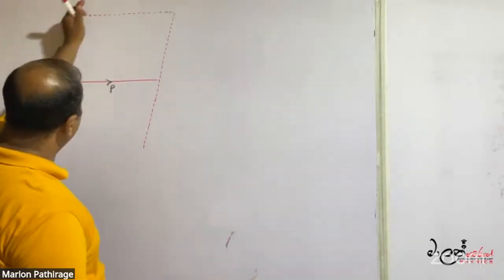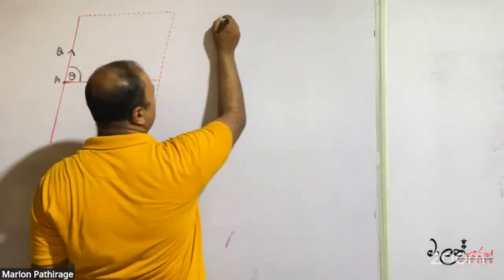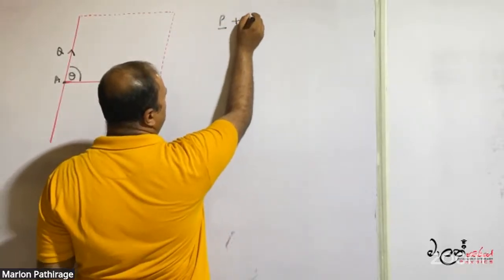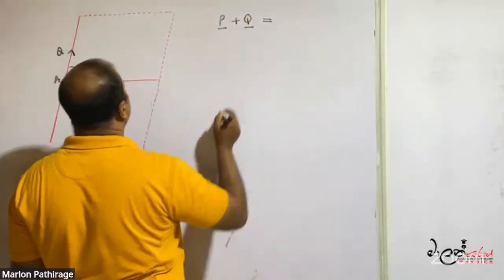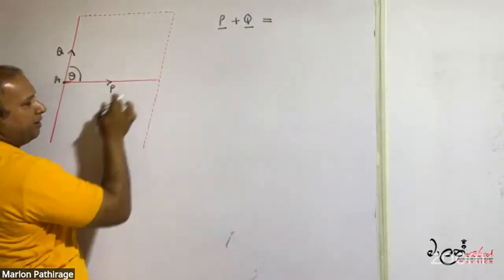So how to take the resultant vector of P and Q? That means P vector plus Q vector. So we have to complete this parallelogram.